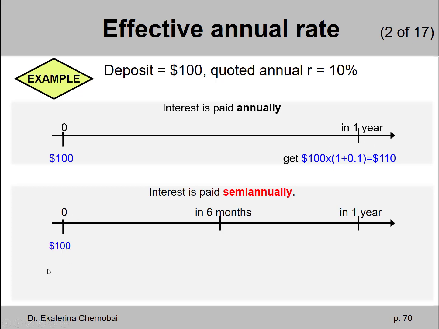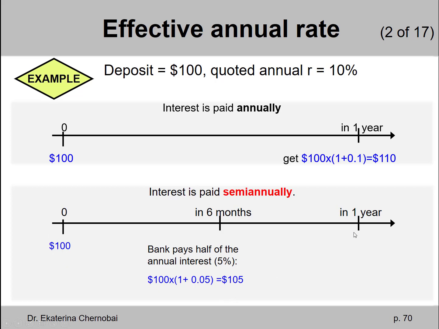Let's see. You deposit $100 today. How much will you have in 6 months? 5% more, right? Which is half of the annual interest rate. And so you take 100 multiplied by 1 plus 0.05, and that's how you got $105, right? Then $105 remains in your bank account for another half a year. So it gets reinvested for another 6 months. And now at the end of the year, you have another 5% on top of 105, not on top of $100.